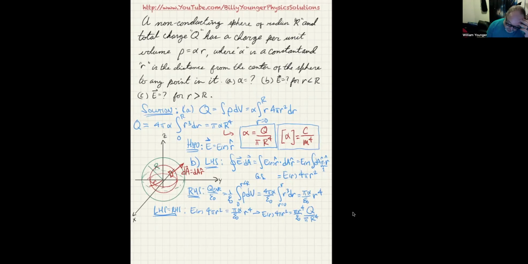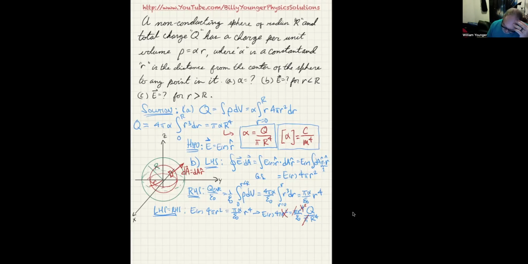The reason I do that, you see, is that ultimately I'll just have answers in terms of things that I already know, specifically Q and big R. So this pi is going to cancel out with this pi, and in fact, the 4s are going to cancel out, which I'll put an X through like that.